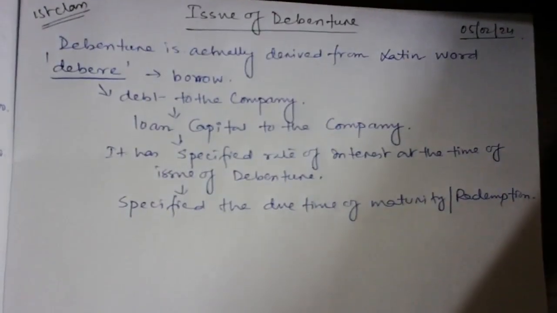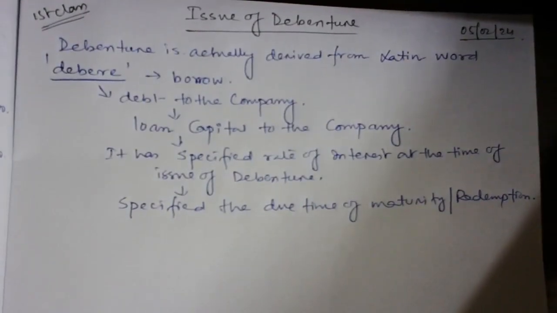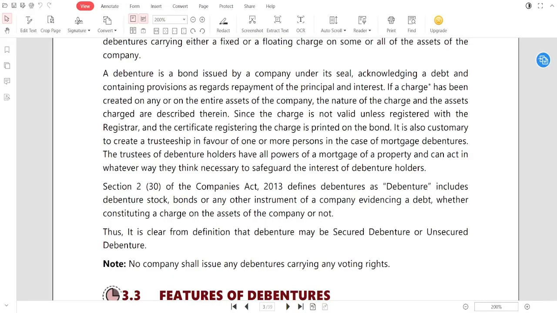It's also given here. देखिए, as per section 2 clause 30 of the Companies Act 2013, debenture includes debenture stock, bonds or any other instruments of a company evidencing a debt, whether constituting a charge on the assets of the company or not.